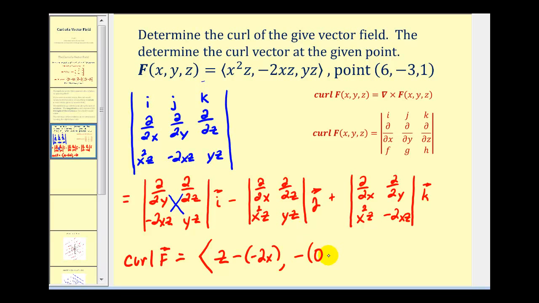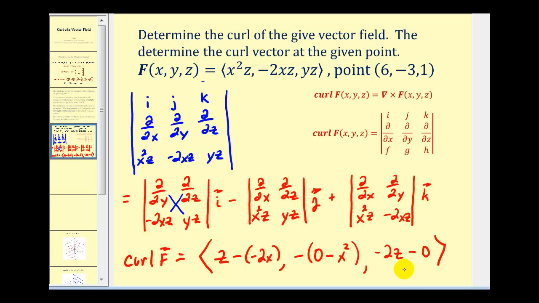That's going to be 0 minus the partial derivative of x squared z with respect to z. That would be x squared. And then for the z component, we'll have the partial derivative of negative 2xz with respect to x. It'll be negative 2z minus the partial derivative of x squared z with respect to y, and that would be 0.